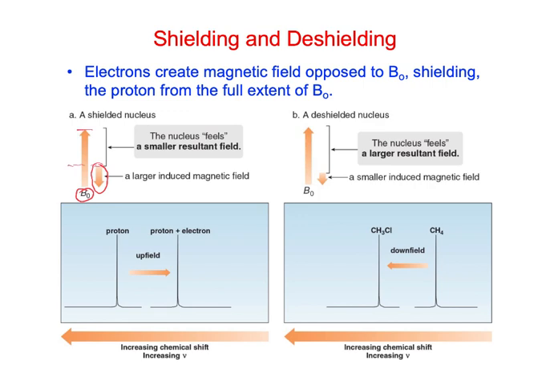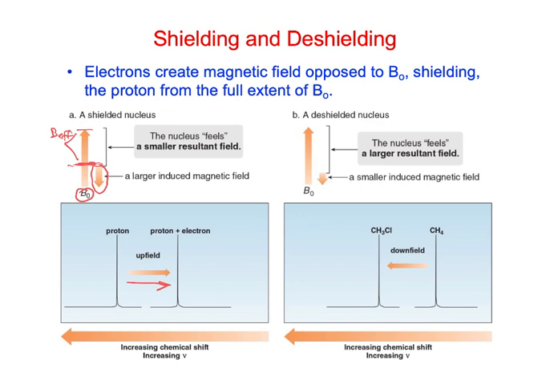This part right here would be the B effective. So this one would be shielded, and it would move in the upfield direction.